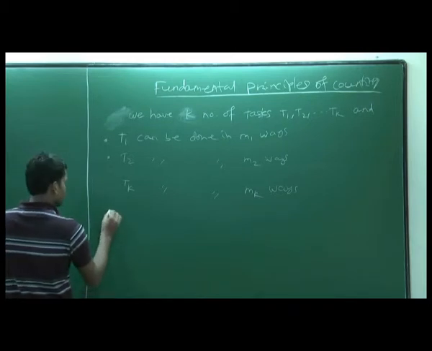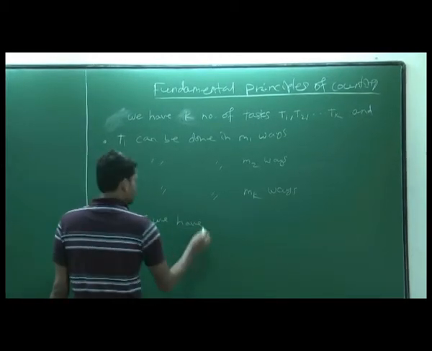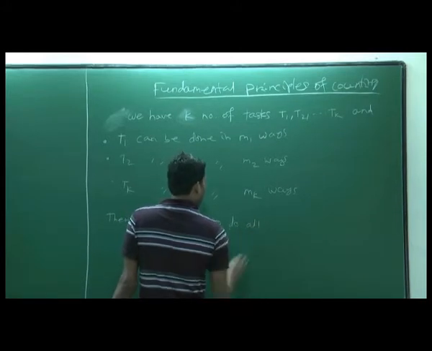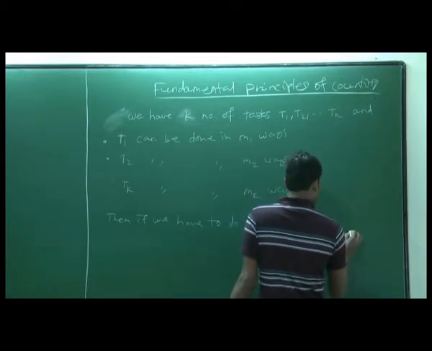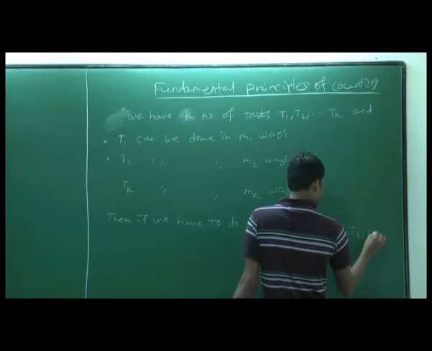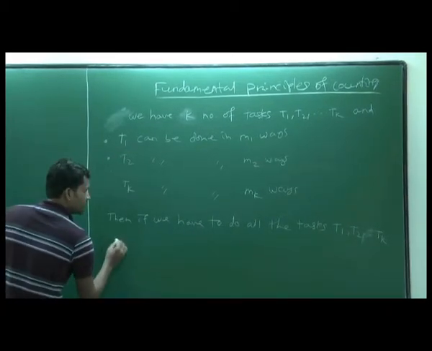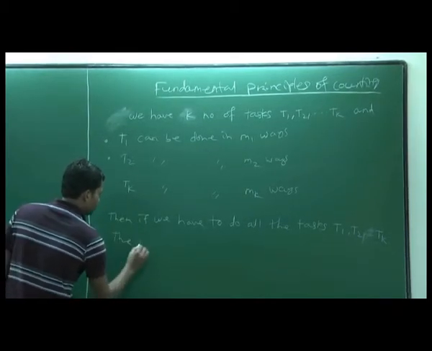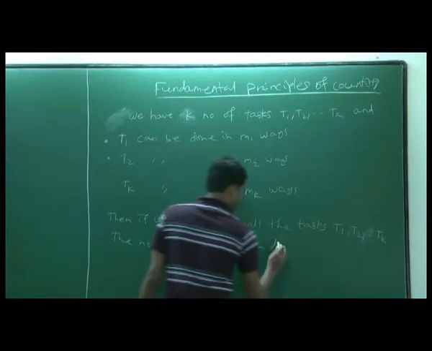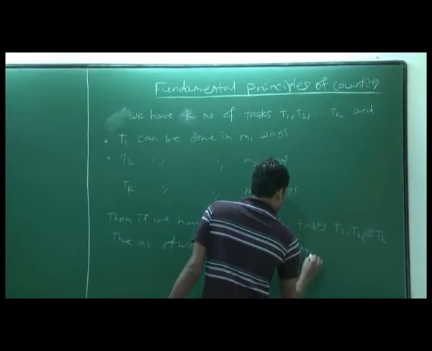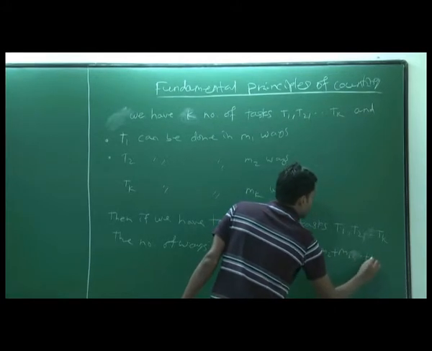Then if we have to do all the tasks T1 to Tk, the number of ways we can do it is M1 plus M2 plus M3 plus dot dot dot plus Mk, right?